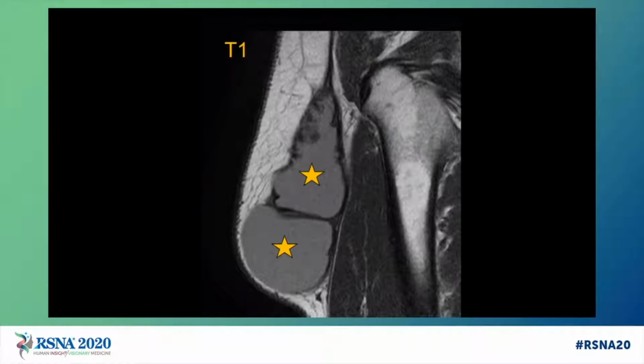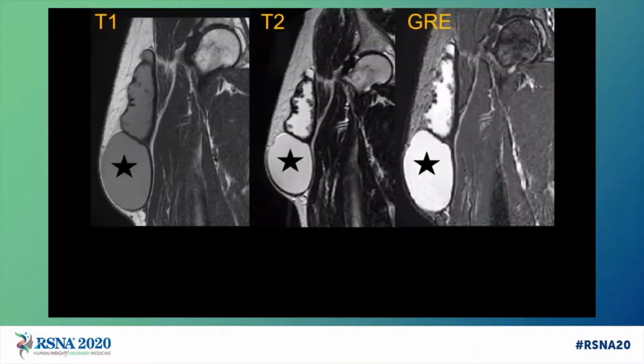Here is another hematoma in the thigh, and we can see the high signal intensity mass and its relationship to the tensor fascia. We can see the mass showing high signal intensity on water-sensitive sequences. Notice the prominent thick wall, particularly about the superior aspect of the mass.